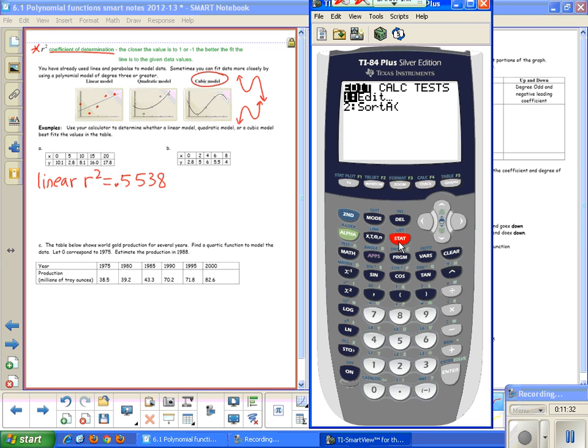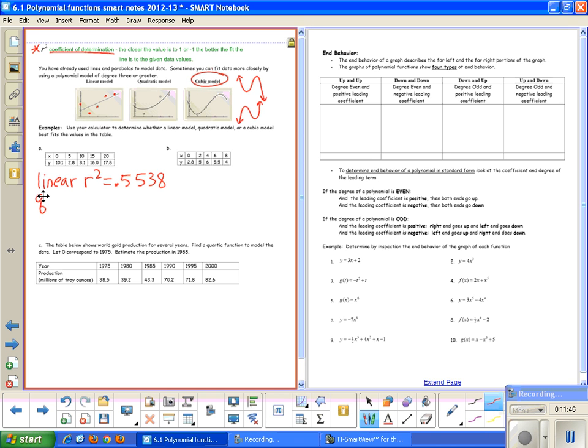Now we did linear, so now I want to do stat, calculate. I want to do quadratic regression, which is number 5, and look at the r squared value. So my quadratic regression, I get 0.7631 if I round. So quadratic, the r squared value, oops, I should write r squared.